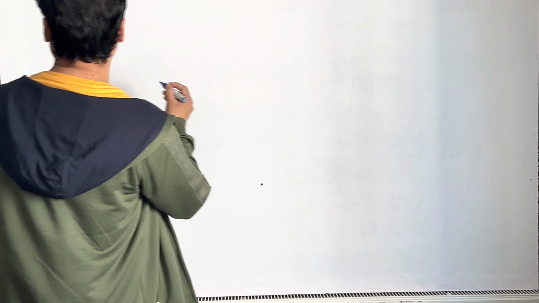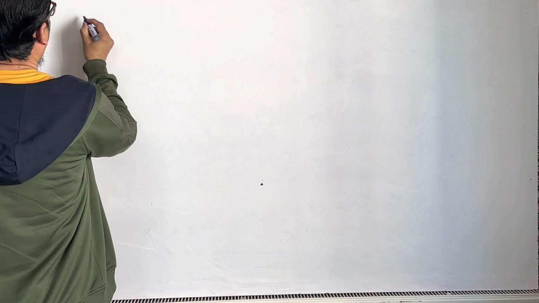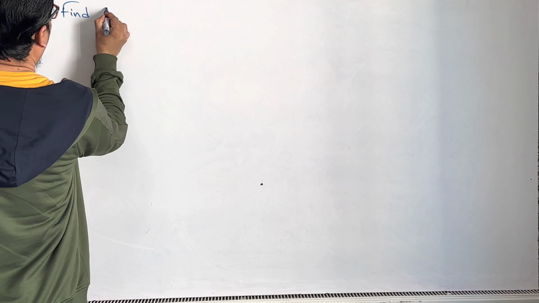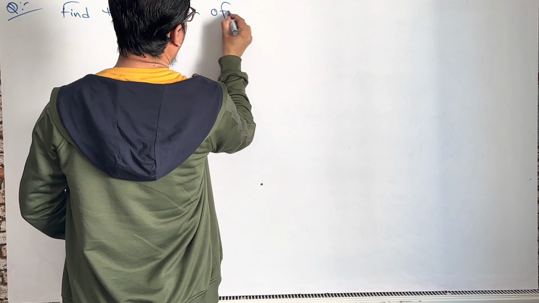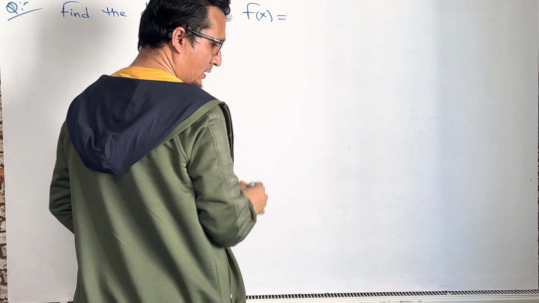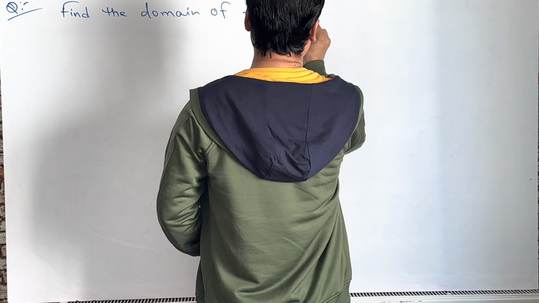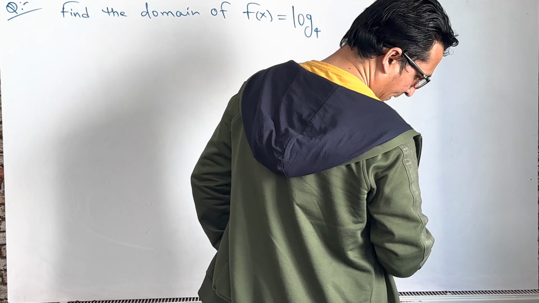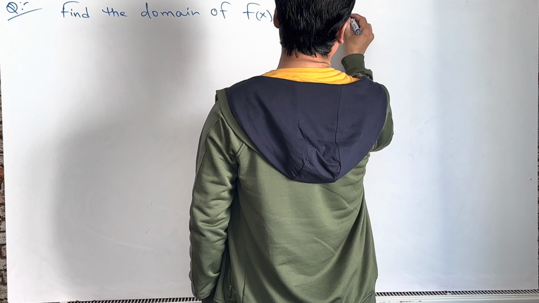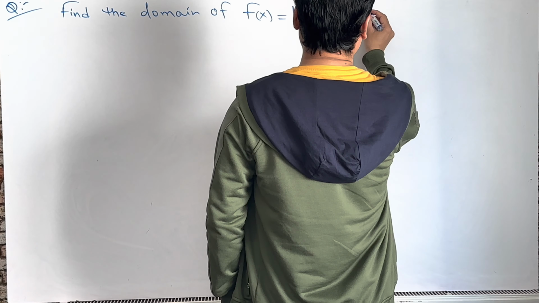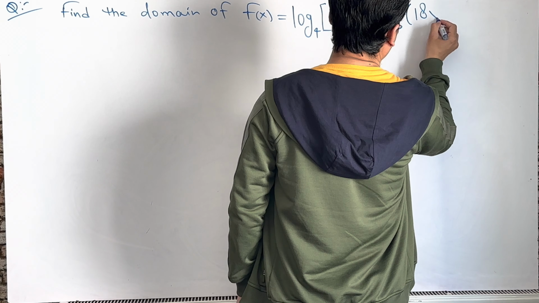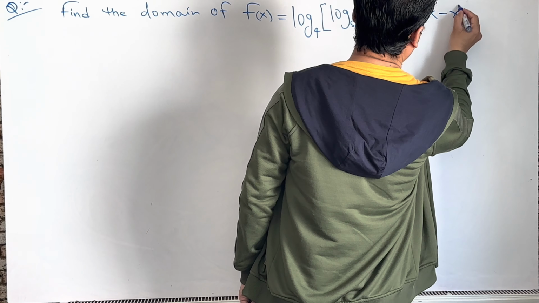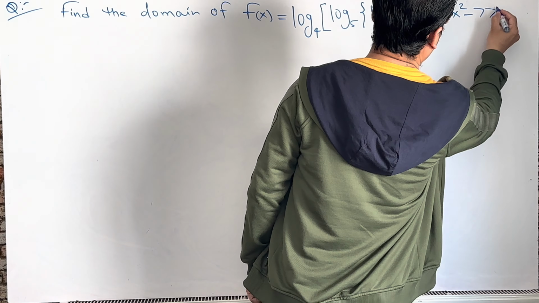Again, guys, I have a question where we have to find the domain of a function. The question is: find the domain of f(x), which is log base 4, then log base 5, and then log base 3 of (18x minus x squared minus 77).